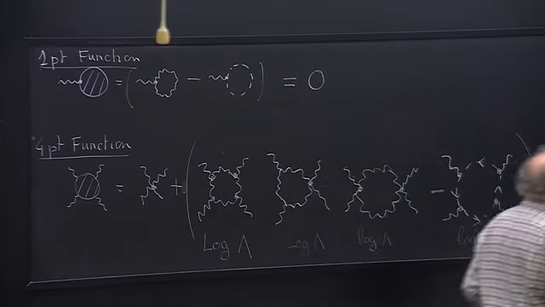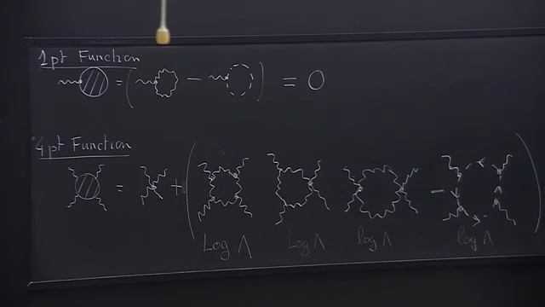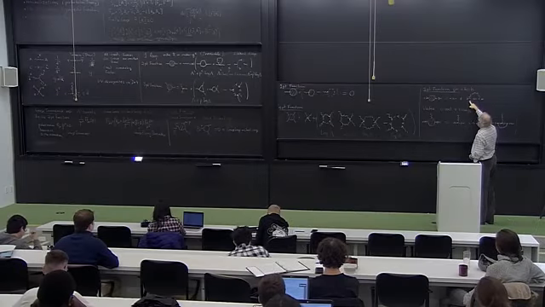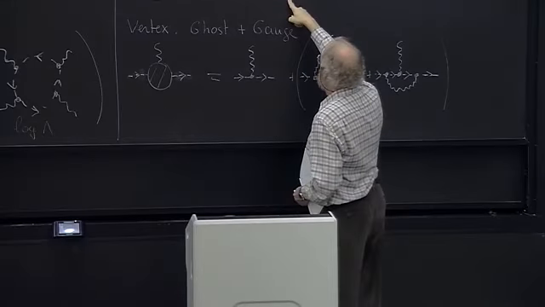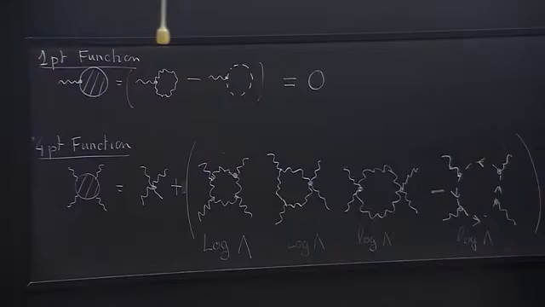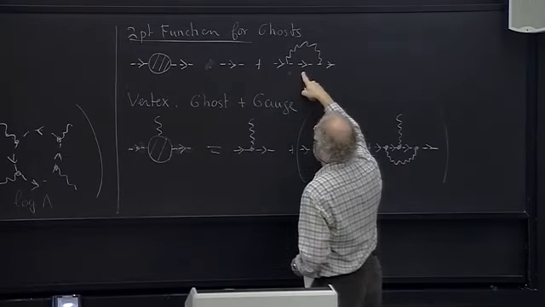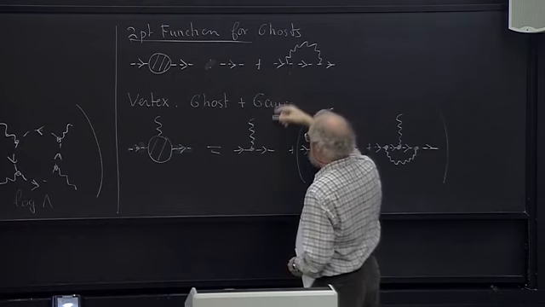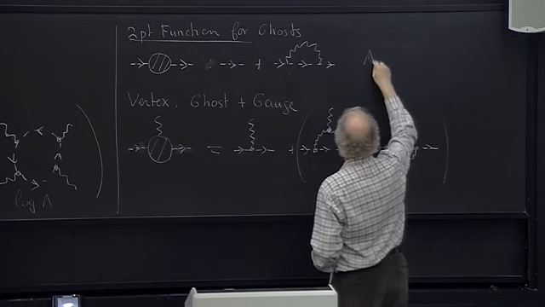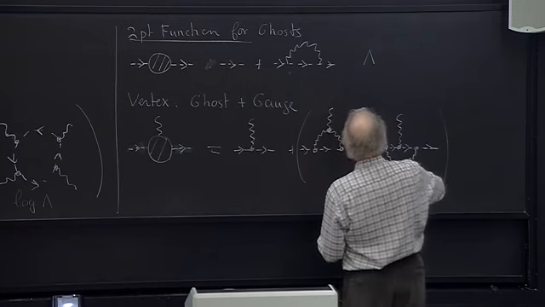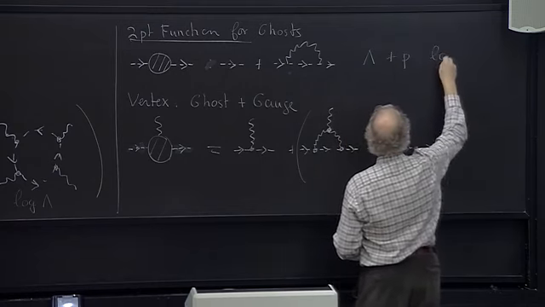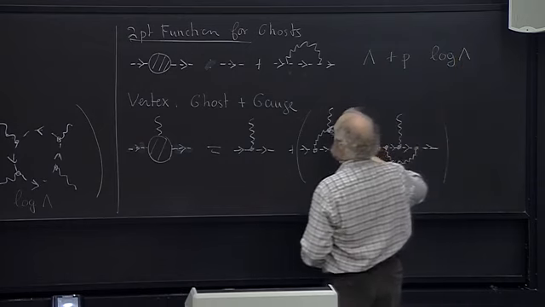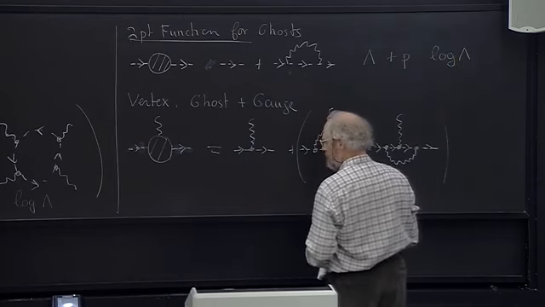And finally, this diagram may contain, so this behaves like p. So these diagrams may contain, this is a 1 over k squared, this is a 1 over k squared, but there is a k, so it may contain a Λ plus p times log Λ, and this term disappears. It's not present.